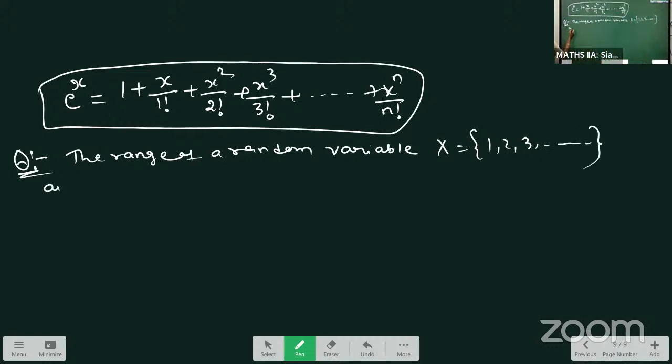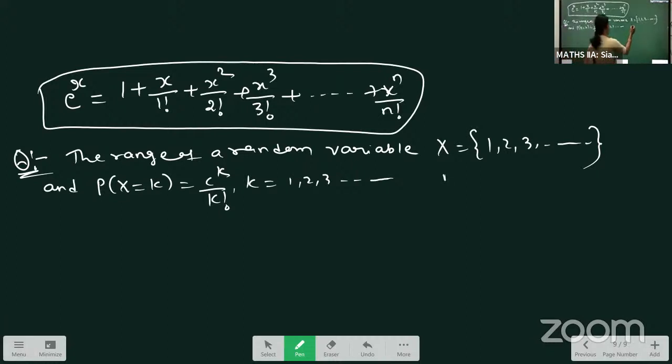And the concept is given like this: P of x is equal to k is equal to c power k by k factorial, where k is equal to 1, 2, 3, and so on. Find the value of c. There are 2 bits here. The first bit is find the value of c, and the second bit is find p of 0 less than x less than 3.